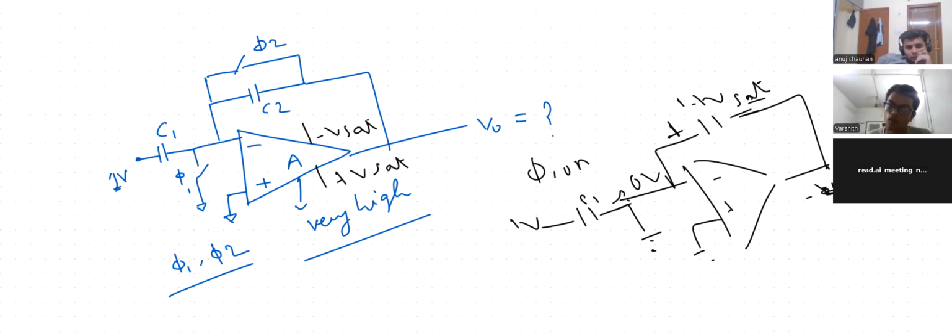Output would be 0 volt only, sir. As capacitor C2 is initially uncharged, output would be 0 volt.